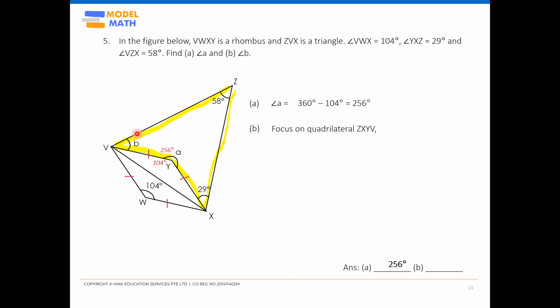That means the four corner angles should add up to 360 degrees. And luckily, I already have 3 known angles, so I'm left with just angle B. Using the properties of quadrilaterals, you just need to take 360 minus all the 3 angles that you have to get your angle B. And that would be my answer.